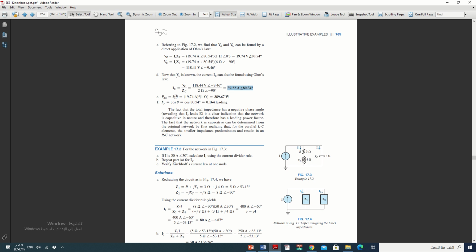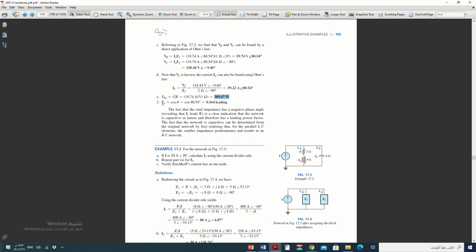Either I square R, because the power in watts is consumed in the resistor. Or you can use another way, which is voltage multiplied by current multiplied by cosine theta, as we studied in the last two chapters. You will get the same answer.